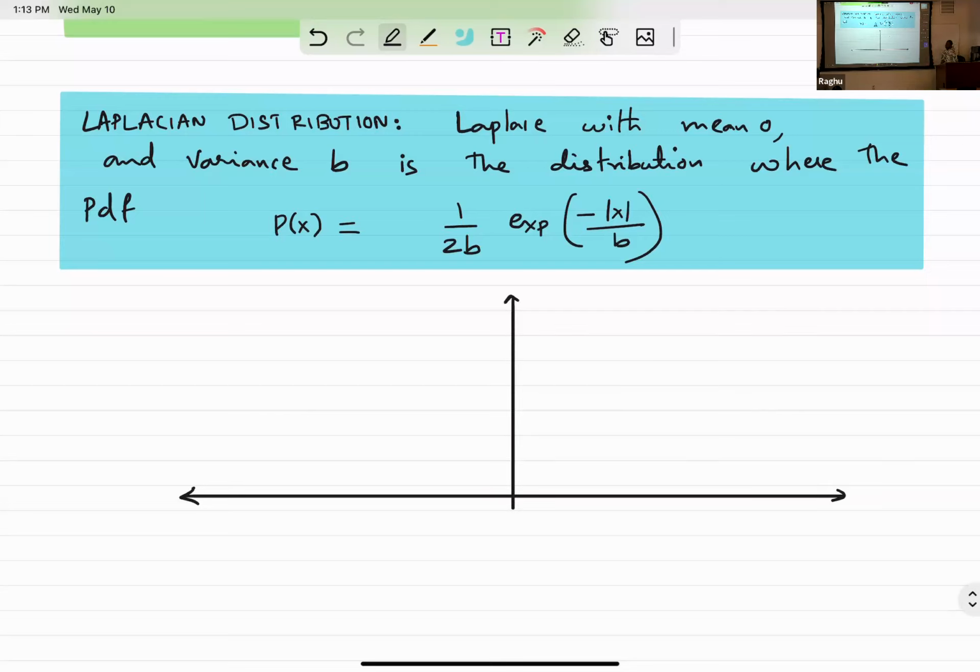As b gets higher, it gets more and more spiky.